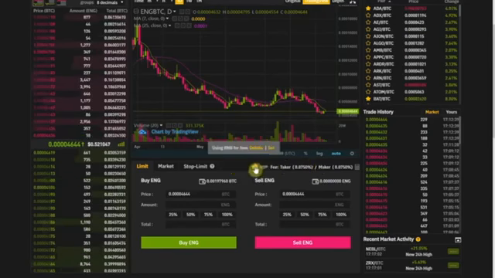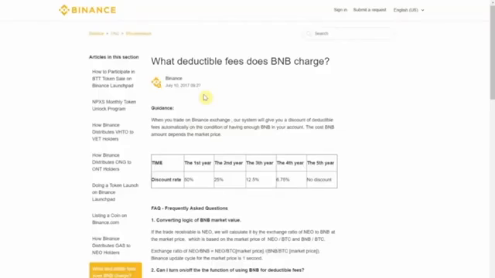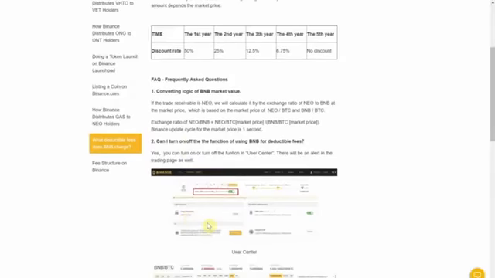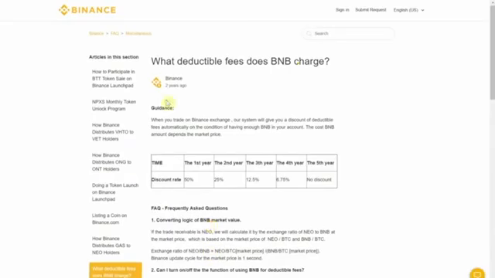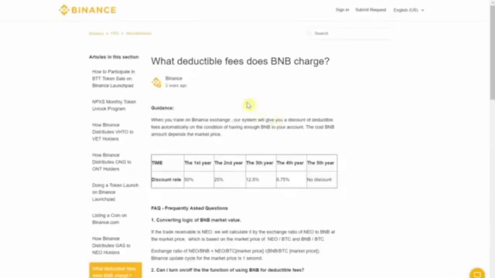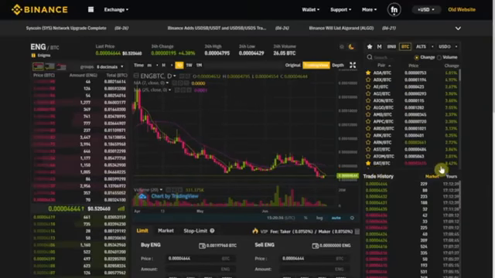I'm not really sure how the thresholds work. So you can read about it here. They explain how you convert and how it works, basically using BNB to pay for your fees. I strongly recommend it.